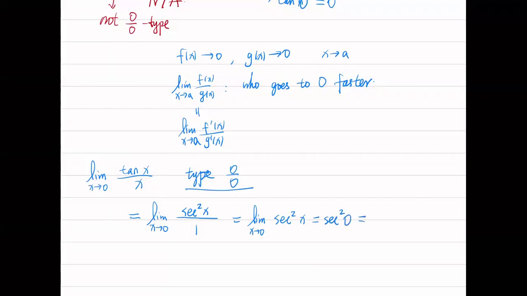What is secant 0? What is secant? Sine or cosine? Yes, it's 1 over cosine. 1 over 1 squared is 1. So this limit is also 1.